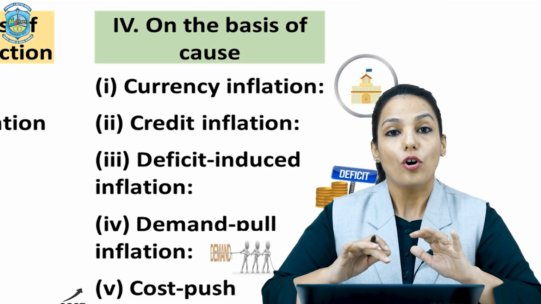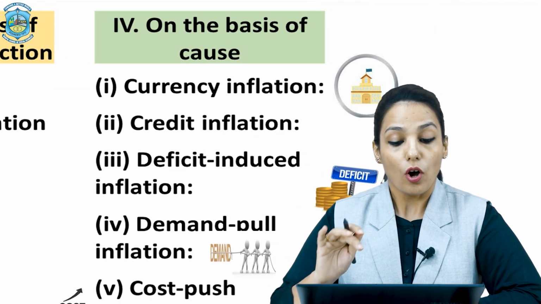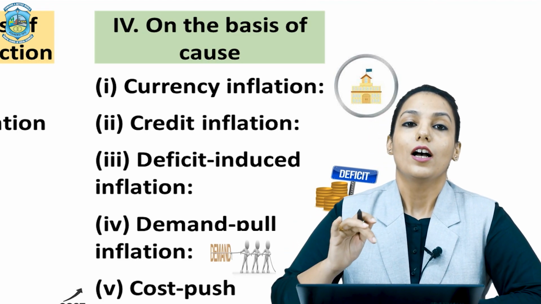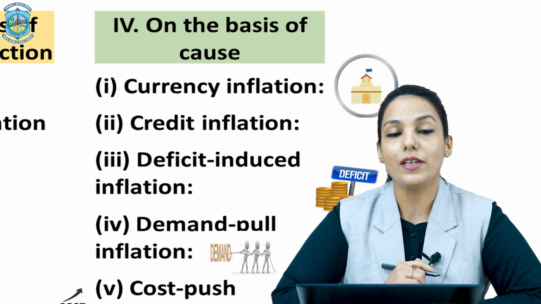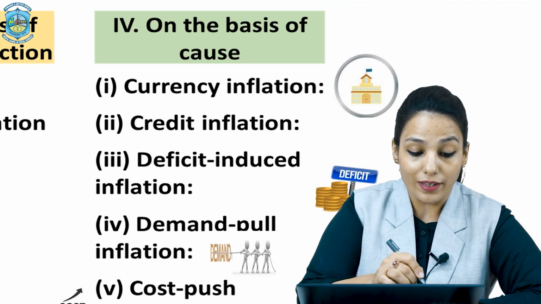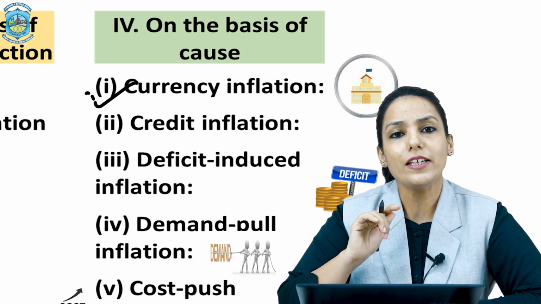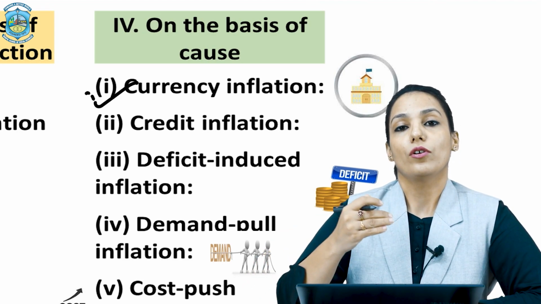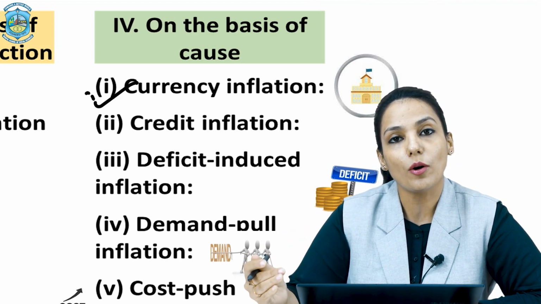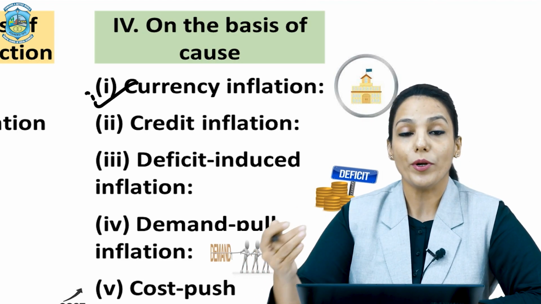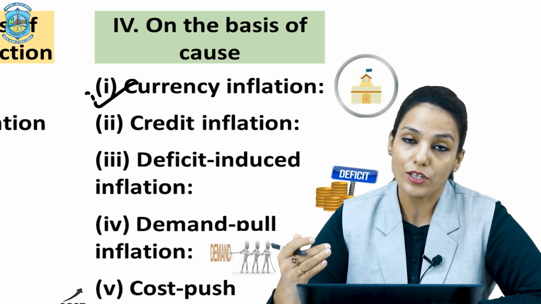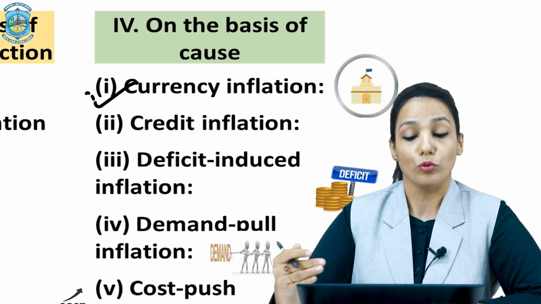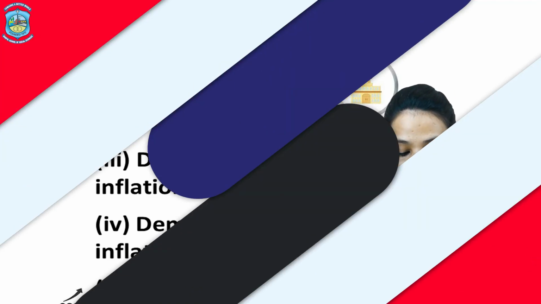Now, on the fourth basis, on the basis of cause, inflation can be categorized as currency inflation. Currency inflation occurs due to more supply of money in the economy. This may be due to government policies of taking more debt, printing more money or using more reserves.